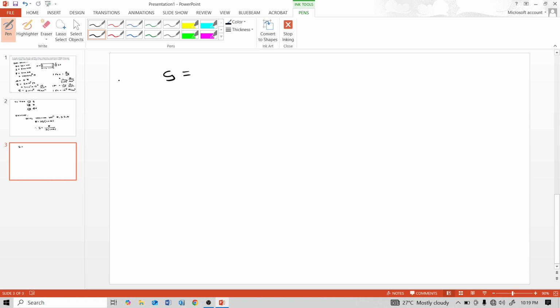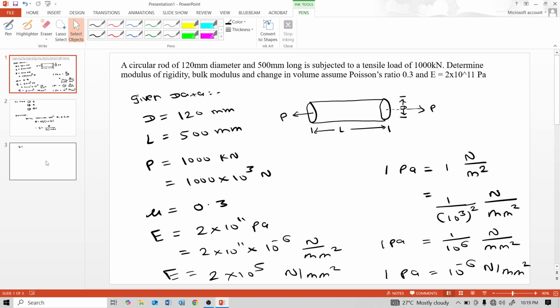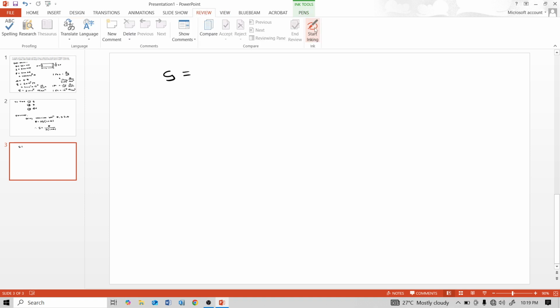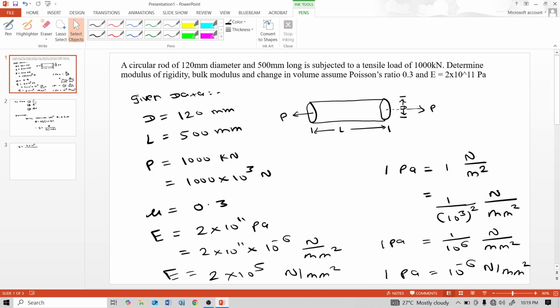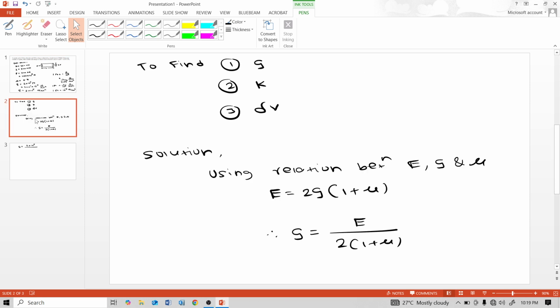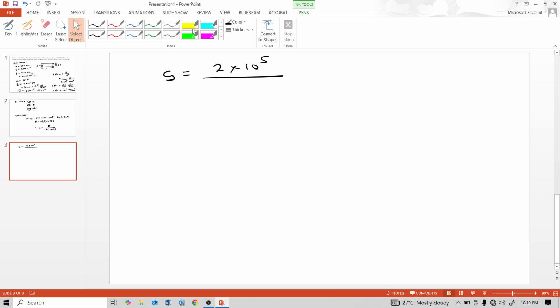G is equal to E, which is 2 into 10 raised to 5, upon 2 into 1 plus mu.